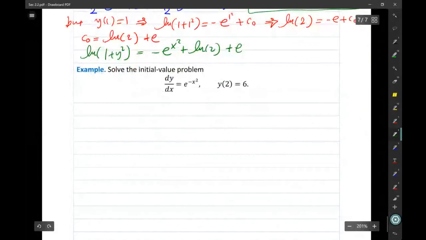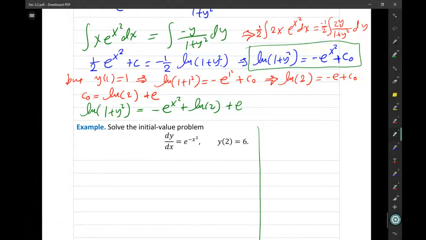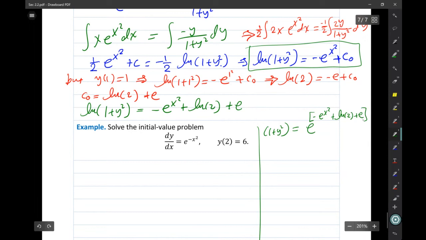We can use e for both sides, so we take the exponential of both sides to get rid of the ln. Then 1 plus y square equals e to the power of, in big brackets, minus e to the power x square plus ln 2 plus e.